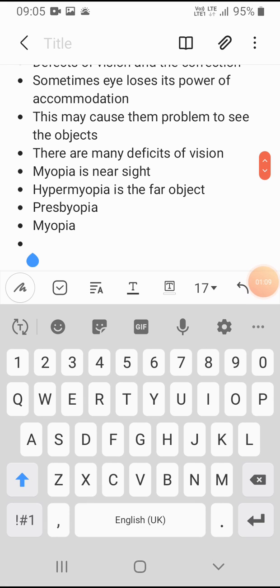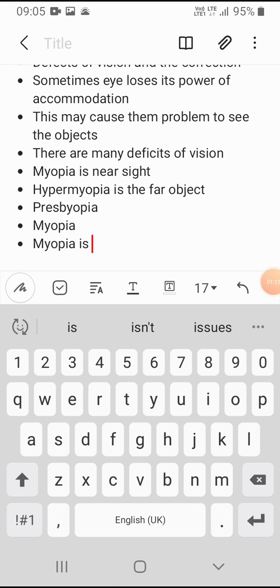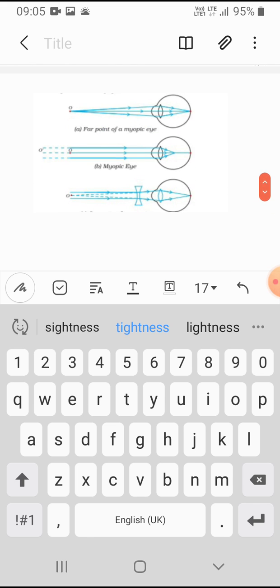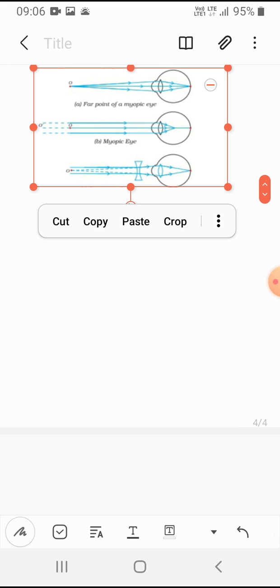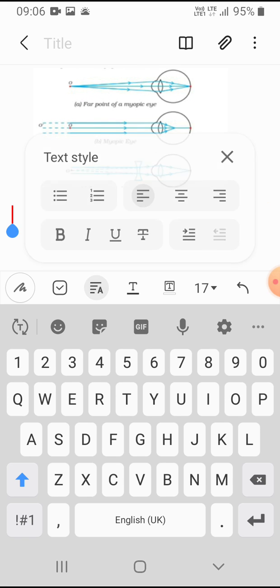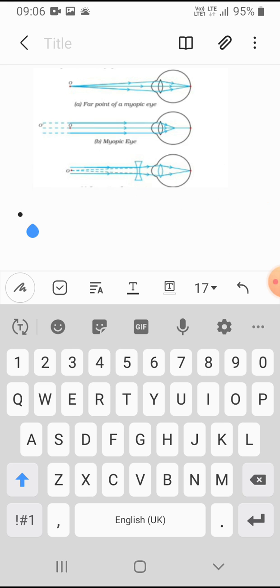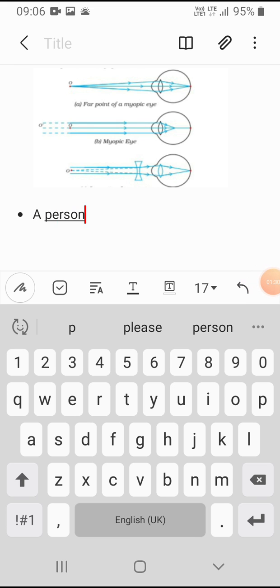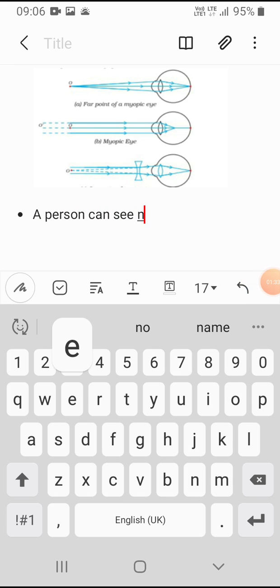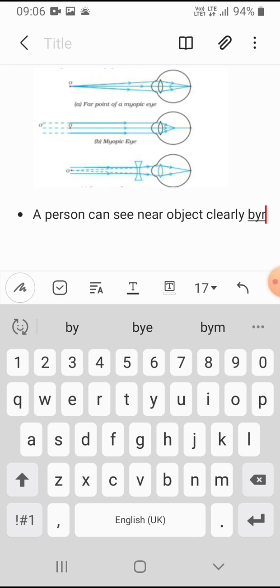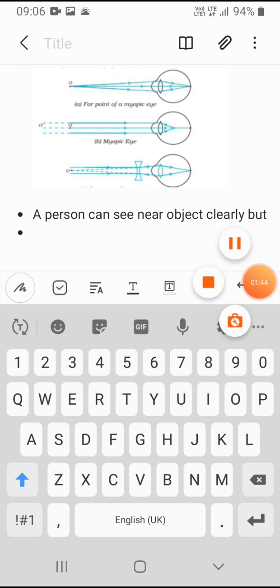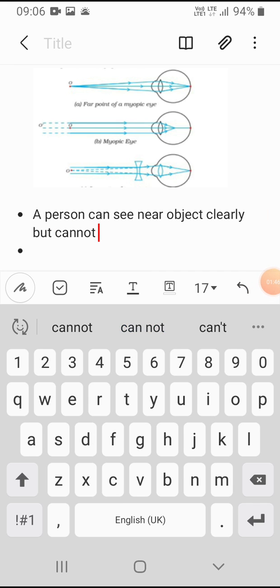Myopia is nearer sight, near sightedness. A person can see near objects clearly, but cannot see the far object distinctly.